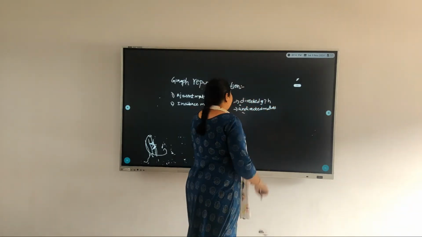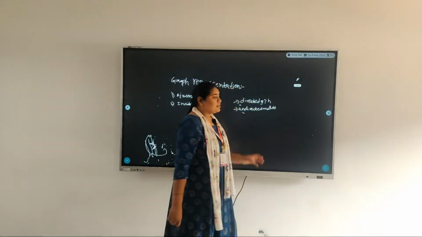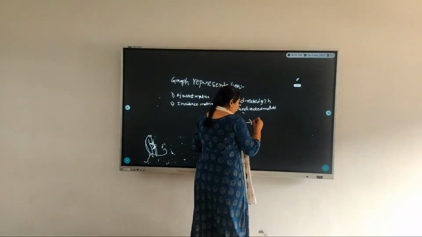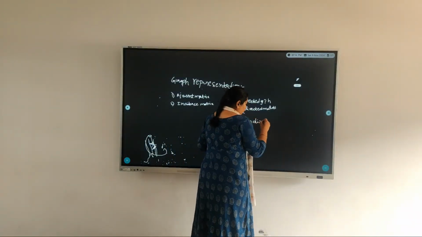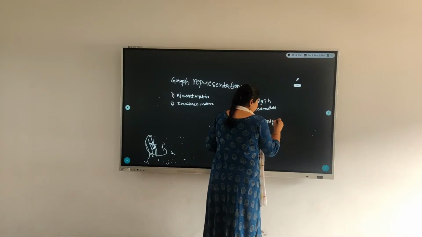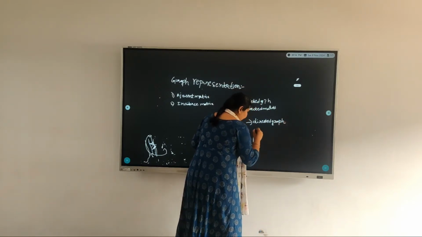An adjacency matrix is a square matrix which represents a graph in zeros and ones. I will give an example of a directed graph. I will draw a graph here.